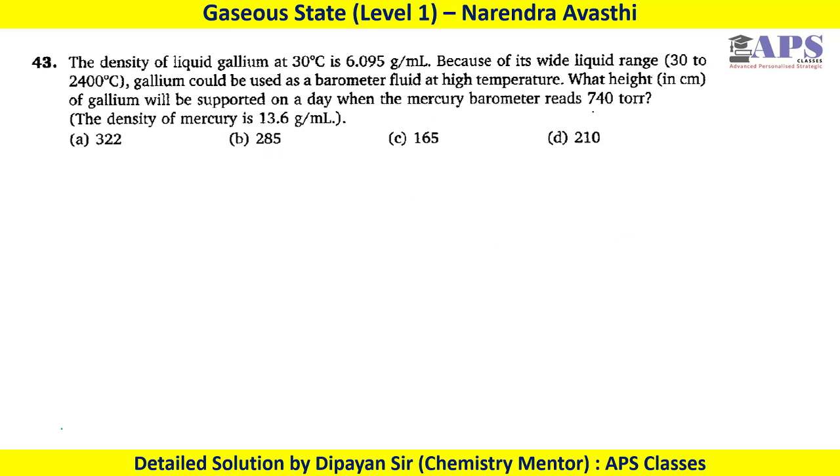In question number 43, we can use h1ρ1 = h2ρ2, because we have to calculate the height of the gallium for the given height of the mercury. As we know, 760 torr equals 1 atm equals 76 centimeter of mercury column.